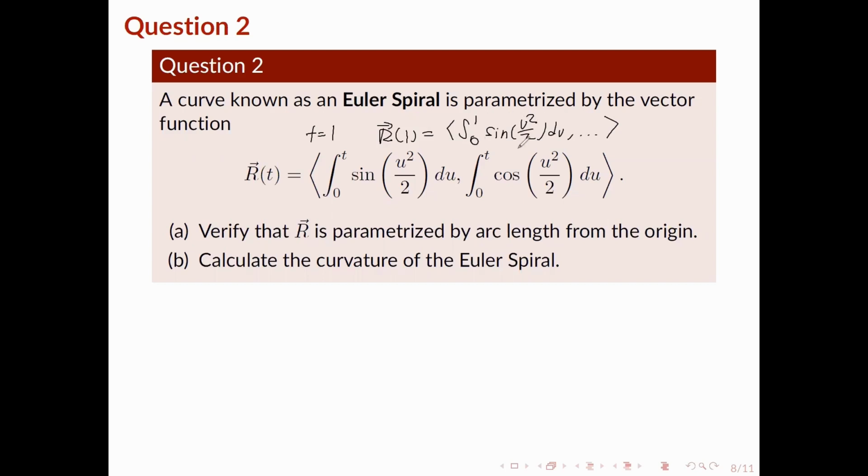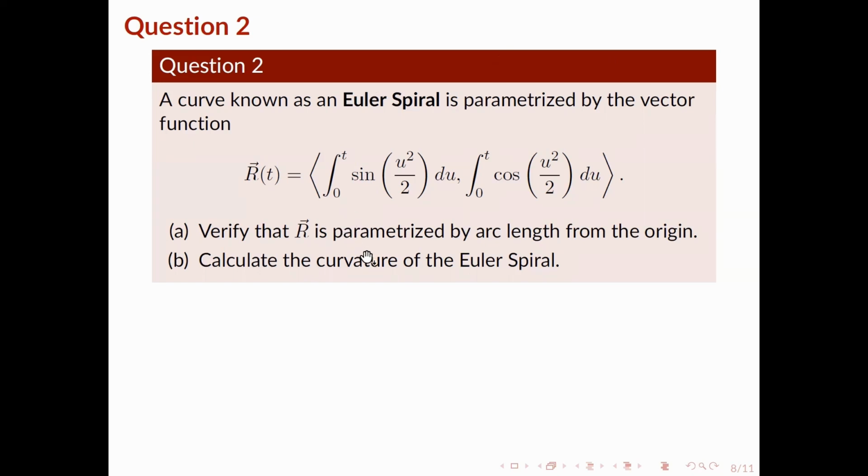And this is actually just a number. It's an integral of a function, so that simplifies to a number. So this is actually just a function of t. The t just shows up as the bound of the integration here.